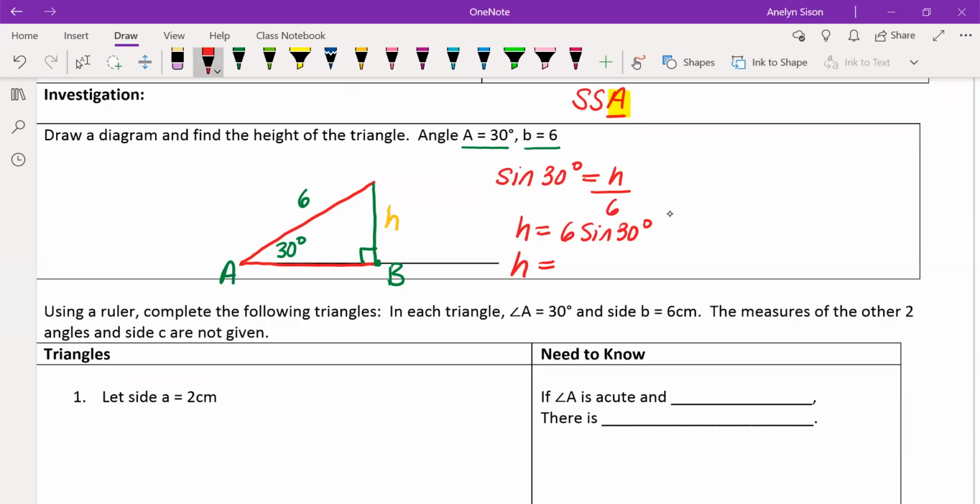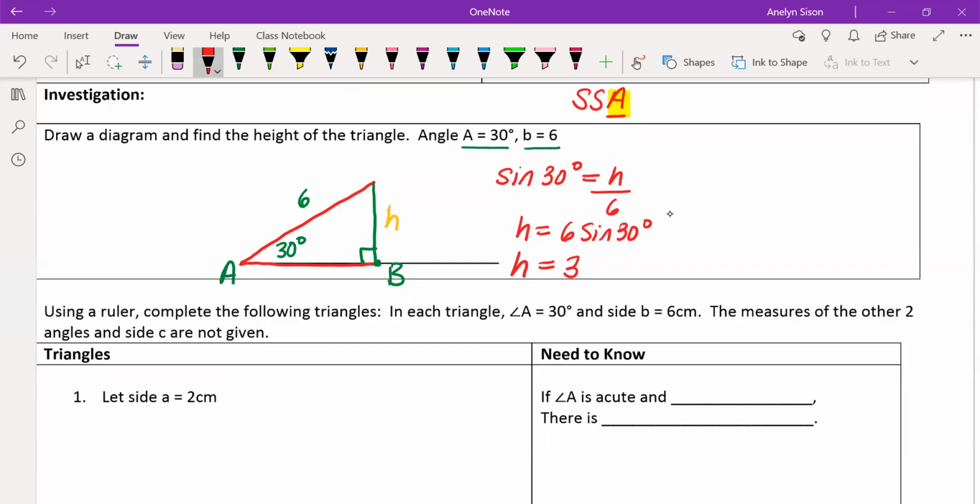Sine 30 is 0.5, so 3. So 3 units. That means if I have an angle of 30 degrees and the side adjacent to it is 6, I need at least 3 units of side length to complete my triangle.